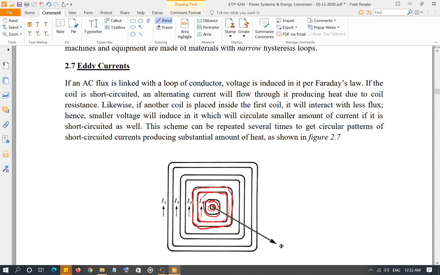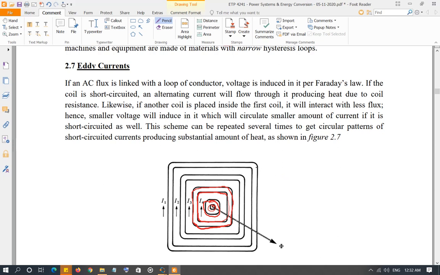You can see different currents flowing: I1, I2, I3, I4, and so forth. Again, why? Because the magnetic flux, which is changing with respect to time, is linked with the core of the machine, and the core is acting as a conductor which is short circuit in nature. Voltage is induced and concentric current starts flowing.